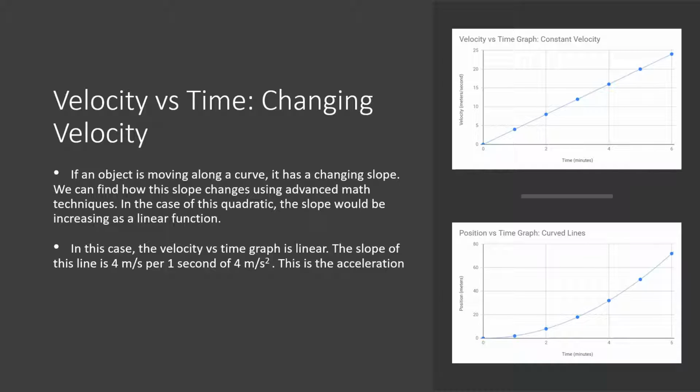Now, because we have a linear graph for velocity versus time, we're going to have a slope that is not 0. In this case, that slope is going to be 4 over 1. The velocity is increasing by 4 meters per minute every minute.